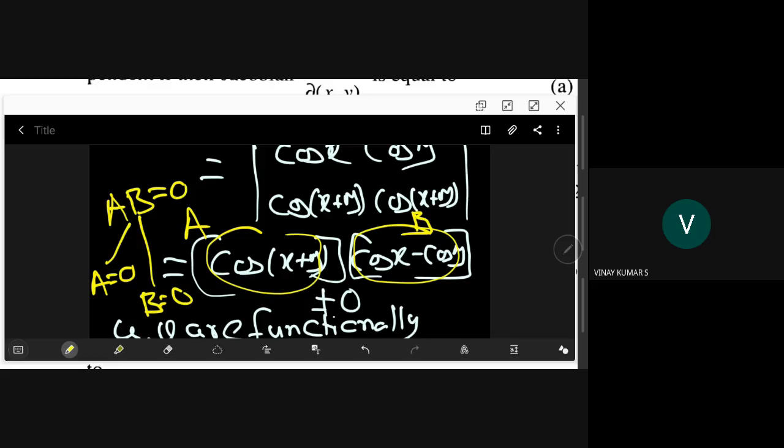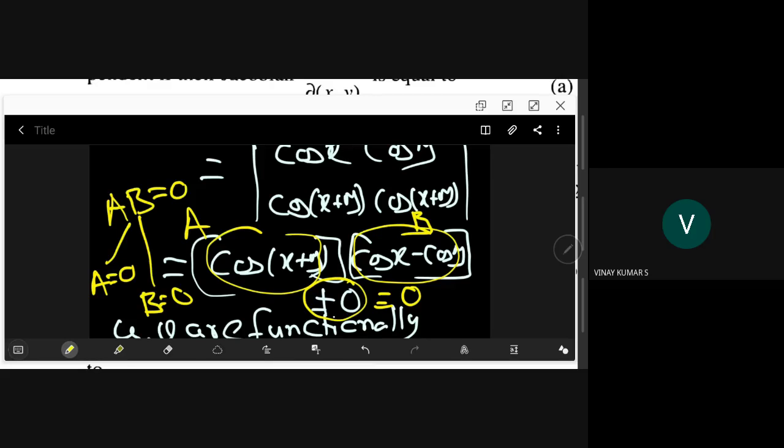You are saying it is equal to 0 means identically equal to 0 for all x and y. That is the meaning. Please remember here. For this to be equal to 0, for every choice of x and y, it should be equal to 0.